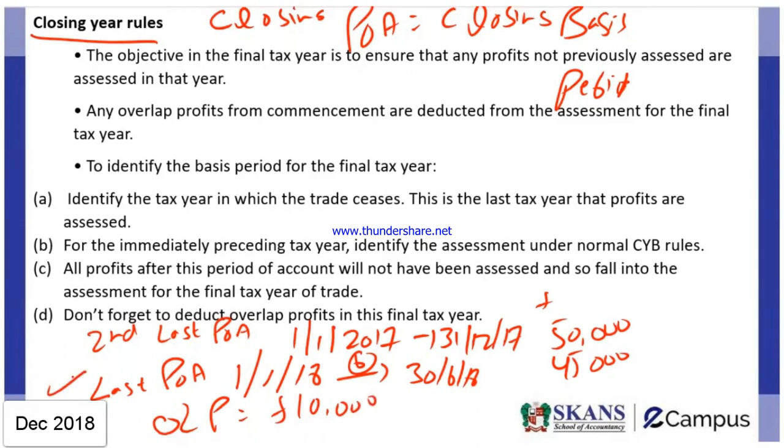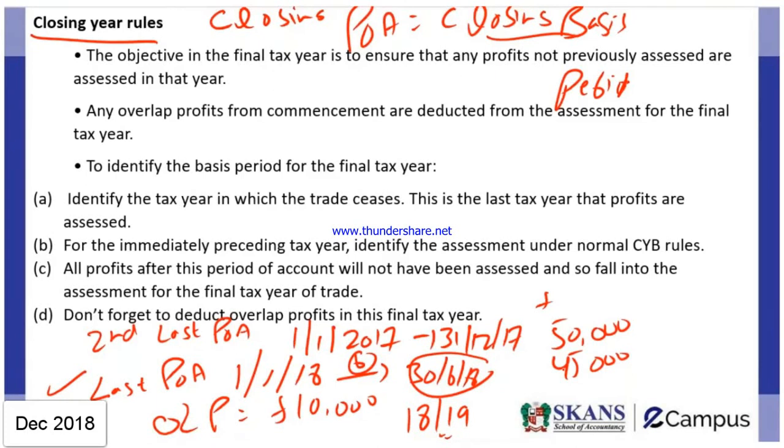The last period of account is the closing basis period. You see just which tax year the ending date of the last period of account falls in. In our example, it is 18-19. The profit of 45,000 minus overlap profit is assessed in the final period of account. As I told you, in every case in the opening year, the overlap profits arise.